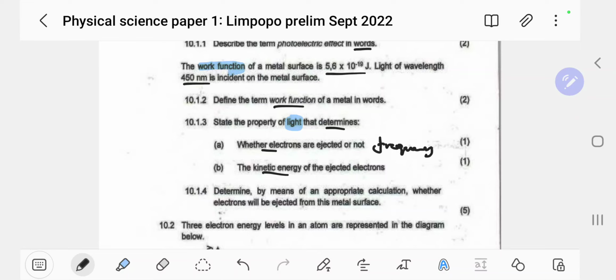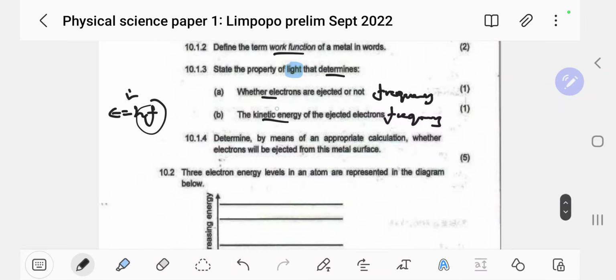What about kinetic energy of the ejected electrons? Its frequency again, because that is the one thing that is variable. Remember, energy is Planck's constant multiplied by frequency. This is constant, so the one thing that determines the properties of that light is the frequency. Technically they're just trying to give you easy marks there, but by trying to confuse you as well and dent your confidence.